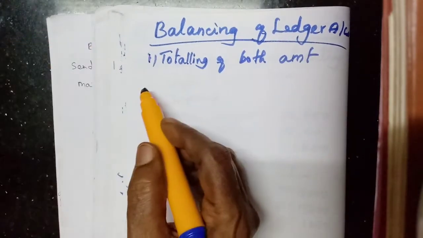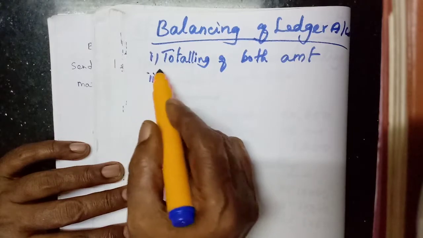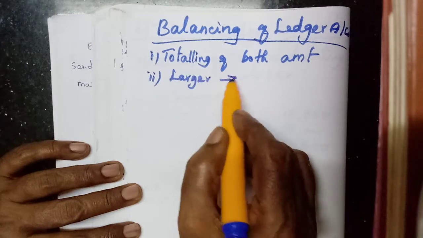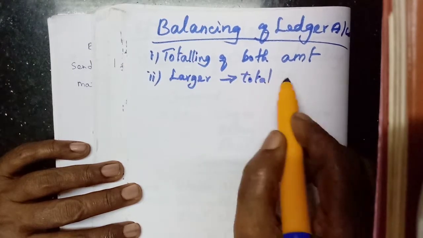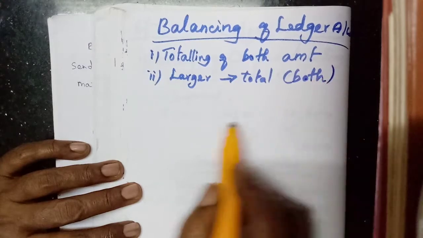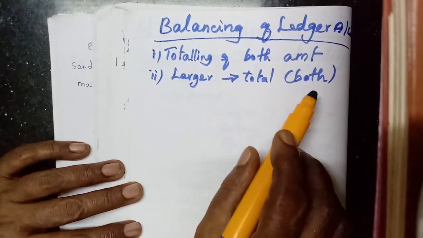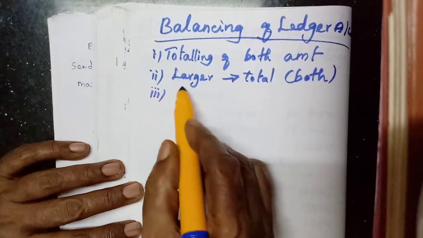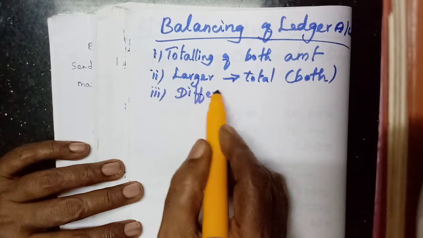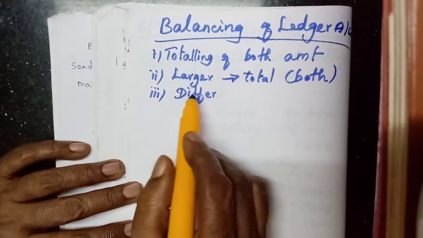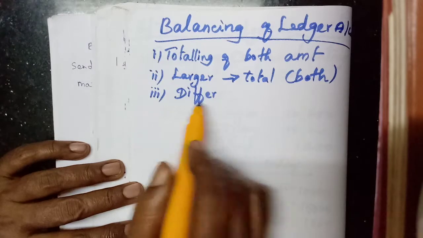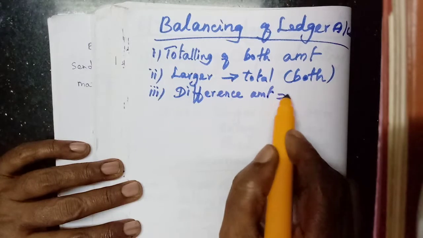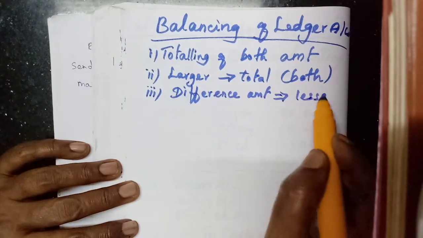Then we have to write the larger total in the total column on both sides. Then we need to find out the difference between the two amounts. Both sides we are totaling, no? The larger amount we are writing. Now you subtract and find out the difference amount. The difference amount will be entered on the side with the lesser amount.